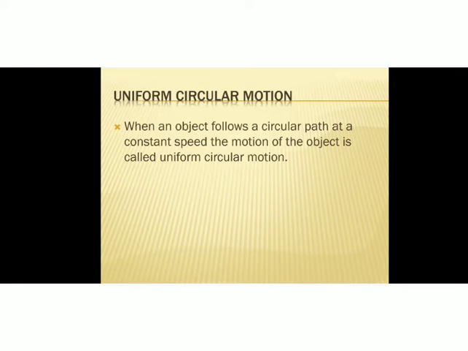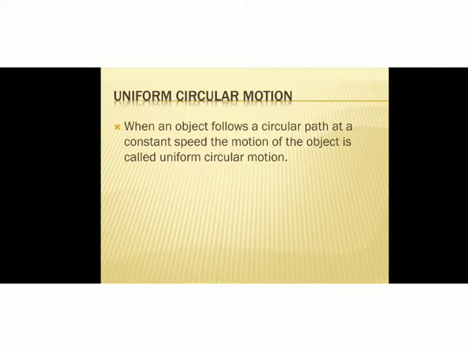Hence, uniform circular motion is also known as accelerated motion. Since there is a change in velocity, we can say that there is an acceleration. So let's try to find out the magnitude and direction of this acceleration.